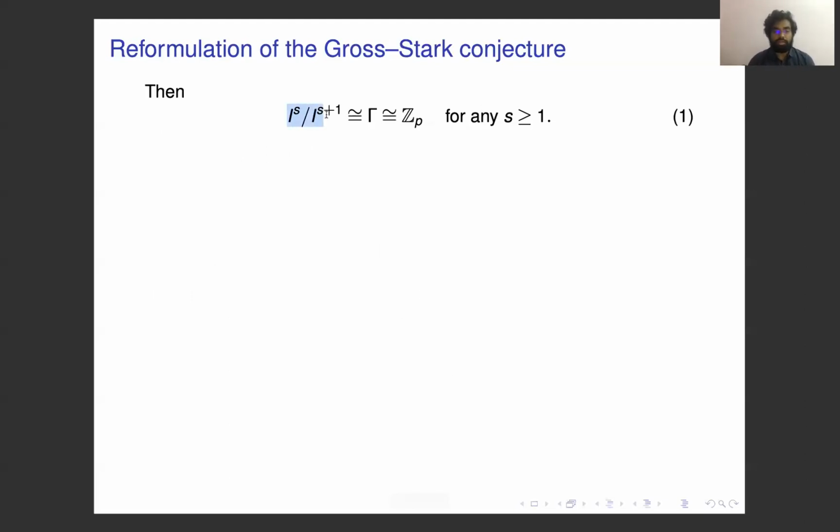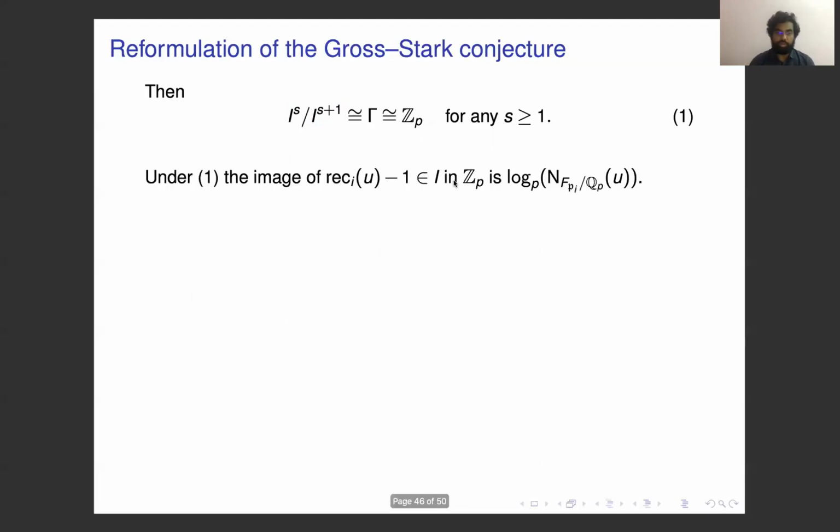But here it's nice. So if I take I^s mod I^(s+1), this is simply isomorphic to gamma, which is isomorphic to Z_p. Okay, so what is the image of, so this is an element of gamma. I subtract 1 from it, so it lives in I.